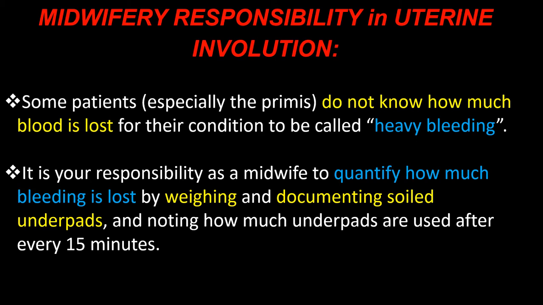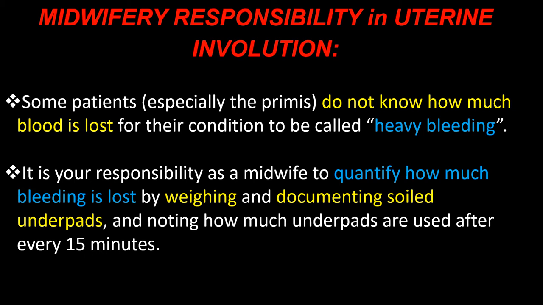So we tell them, ma'am, don't throw away the underpads yet, we will weigh them. After weighing the soiled underpads, you subtract the weight of the underpads that are not soiled.